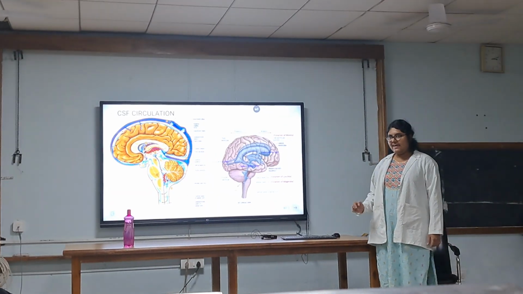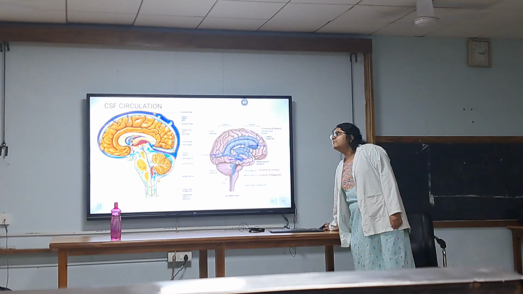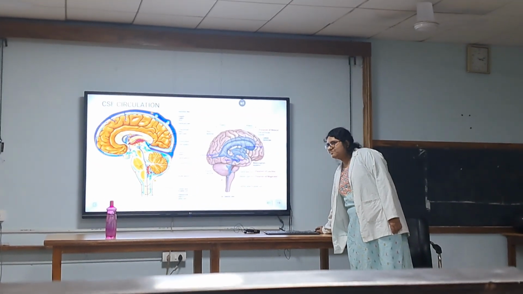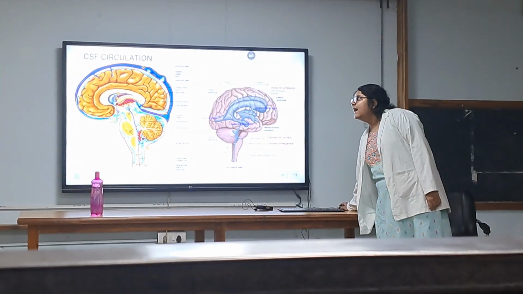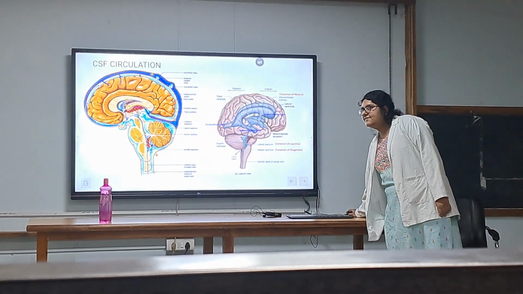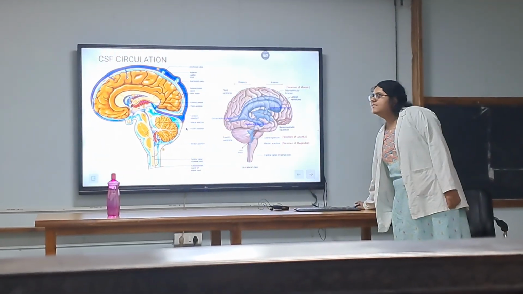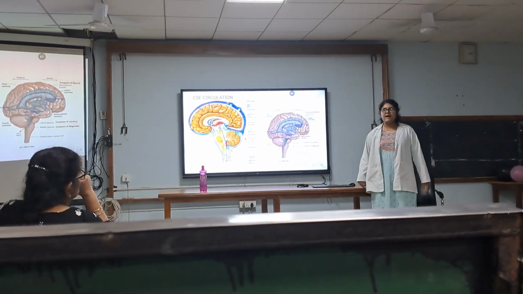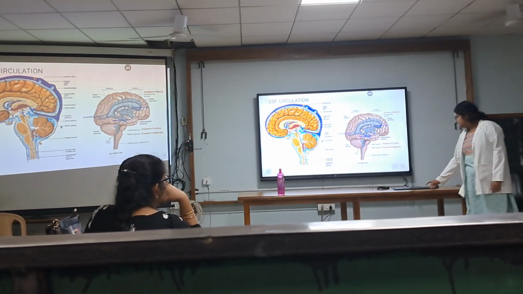So any extra amount of fluid within the CSF of the subarachnoid space exits through these arachnoid villi and is absorbed into the superior sagittal and other dural venous sinuses. The rate of CSF formation is 20 milliliters per hour and 550 milliliters per day.